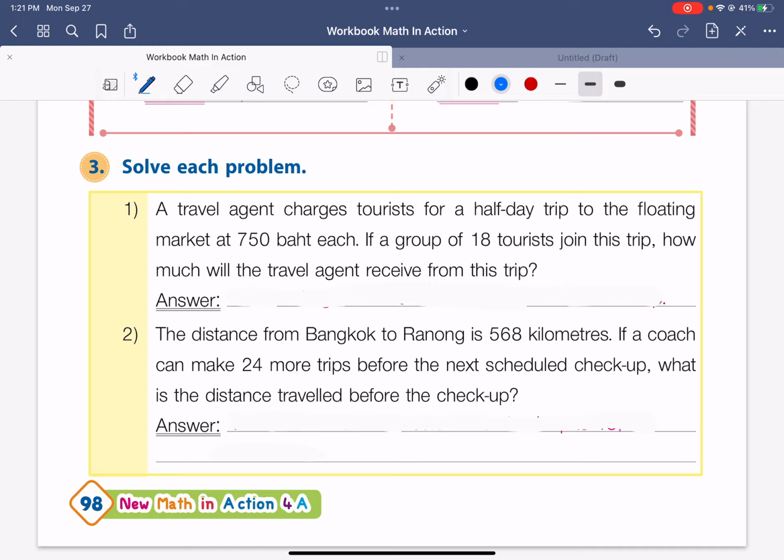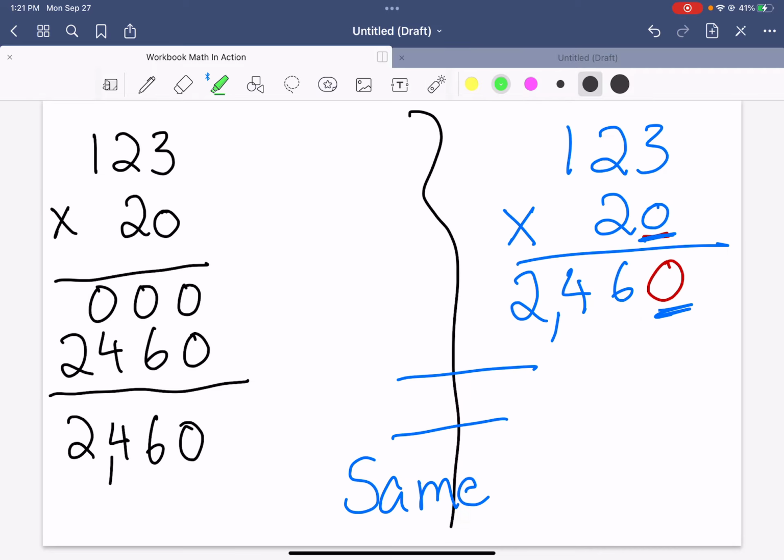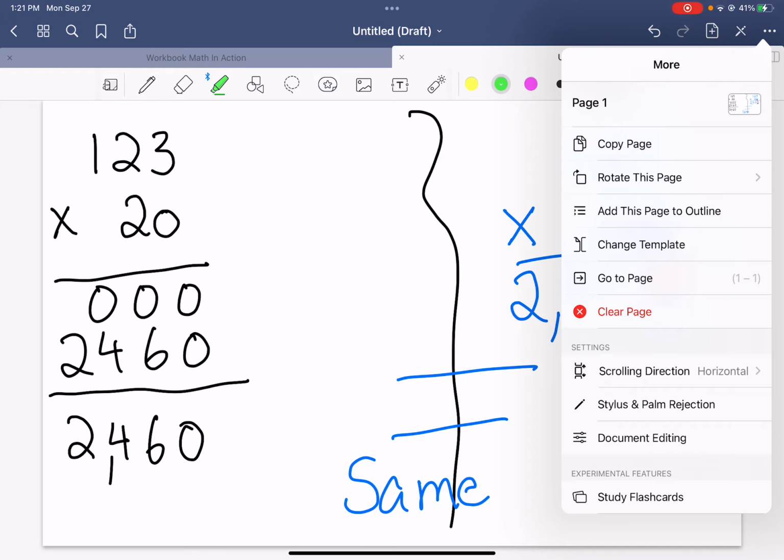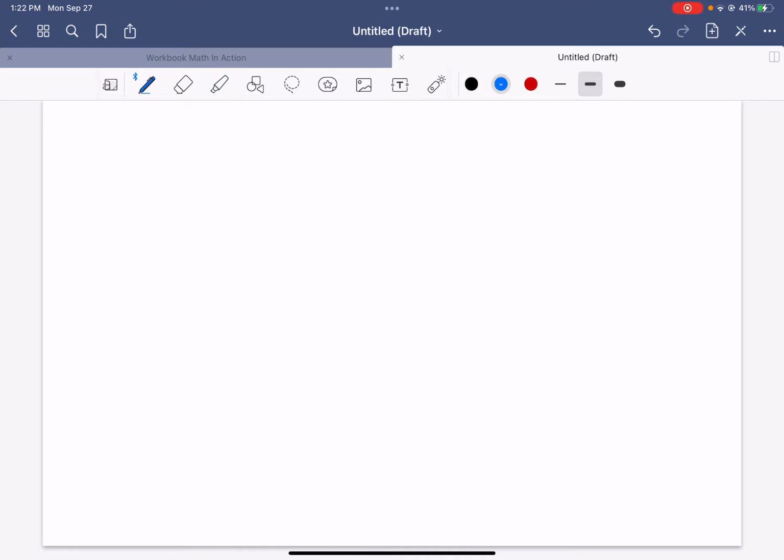We know this is multiplication, right? So there's 2 important numbers. Here it says each tourist costs 750 baht each. And how many tourists? 18 tourists, right? So let's erase this. So we're going to write it down, right?